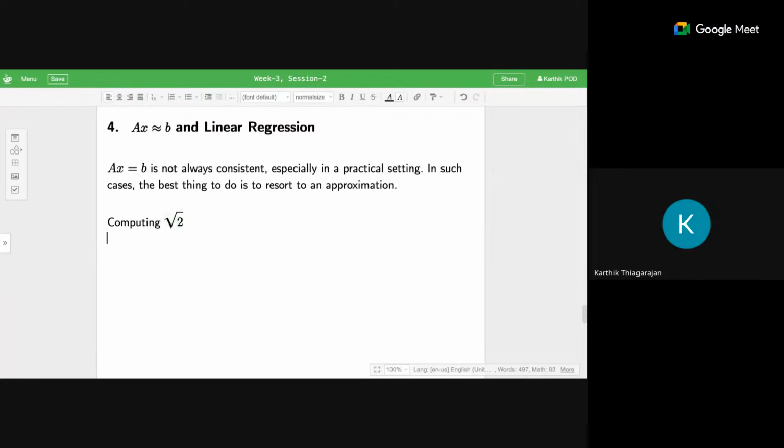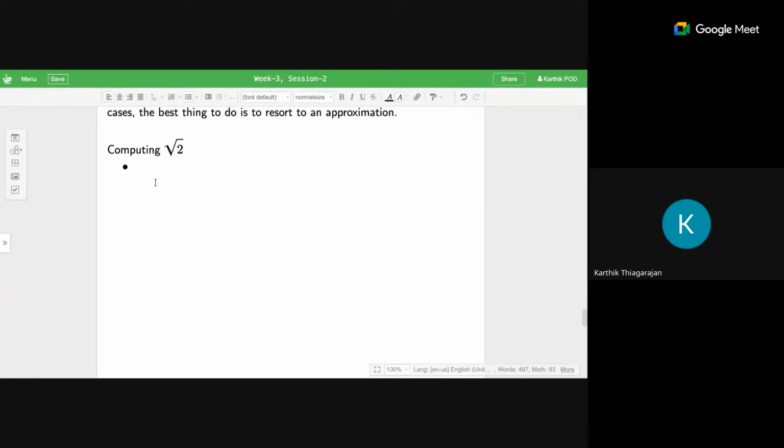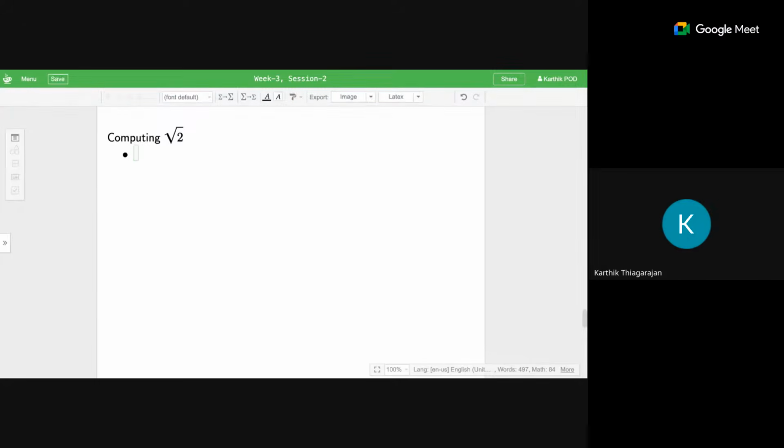Root 2 is an irrational number, as you all know, so you can never represent it as a rational number. Therefore, if you want to compute something that involves root 2 in a very practical setting, you'll have to resort to some approximation of root 2 by rationals. So what is the approximation that we are all quite familiar with?